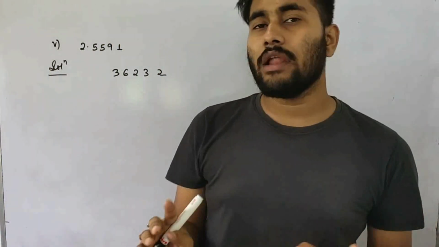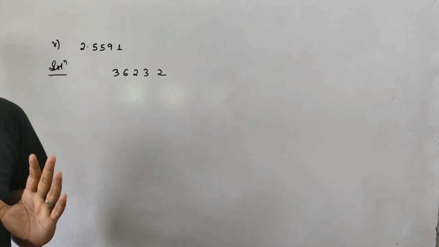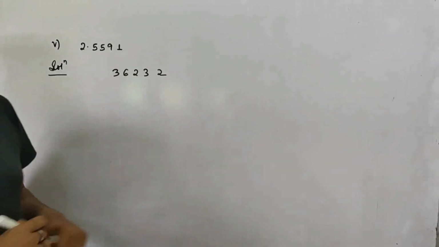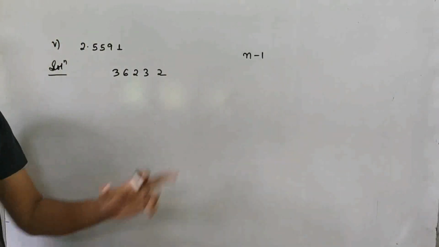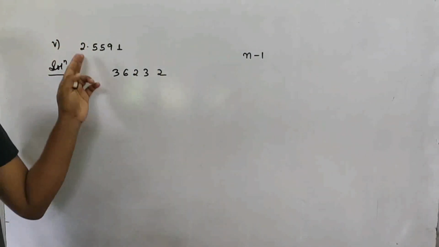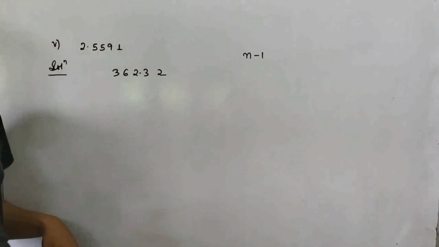Now when the characteristic comes 2, now there is no bar. That means the formula this time is not minus n plus 1. What will be the formula for this? This is positive, right? So the formula was n minus 1. This time we have to check for this formula. Since over here there is minus 1, you add plus 1. 2 plus 1 is 3. So decimal point will be here after 3 digits.